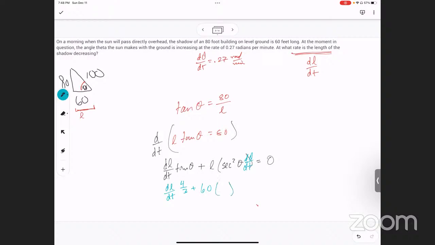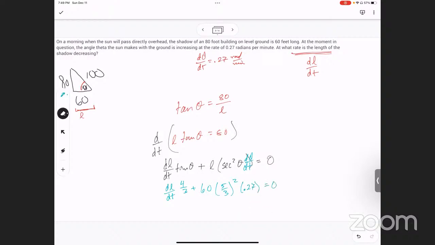The secant is the hypotenuse over the adjacent, so it's 5/3. So it's secant squared, 5/3 squared, times d theta dt. What's d theta dt? 0.27.